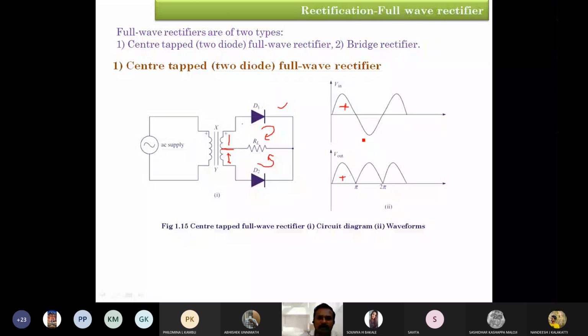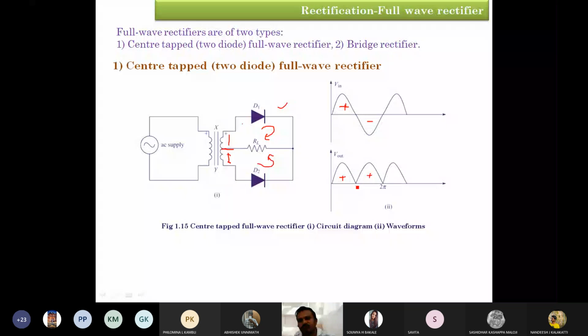So we observe that in both the positive and negative cycles of the input voltage, through diodes D1 and D2, the load resistor RL has current passing through it. Therefore, the output has all positive voltages.